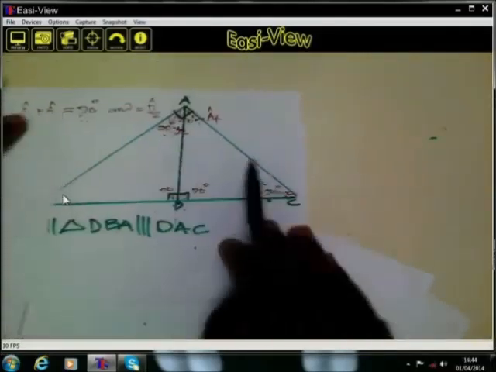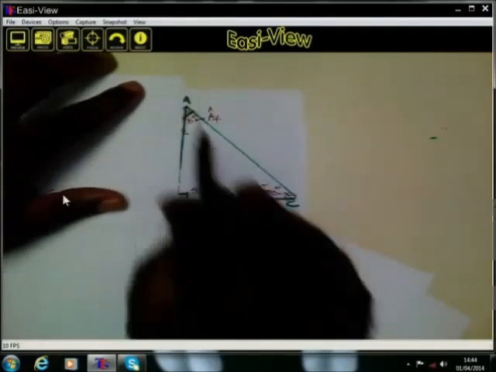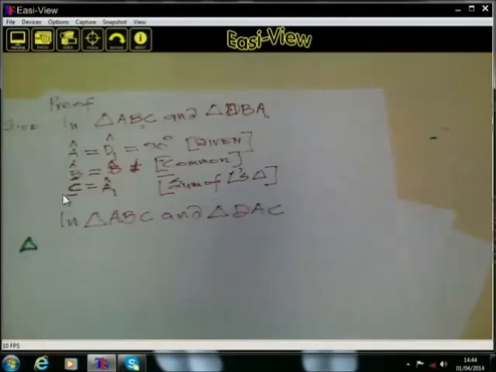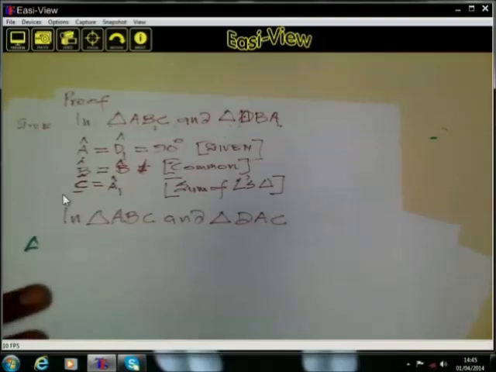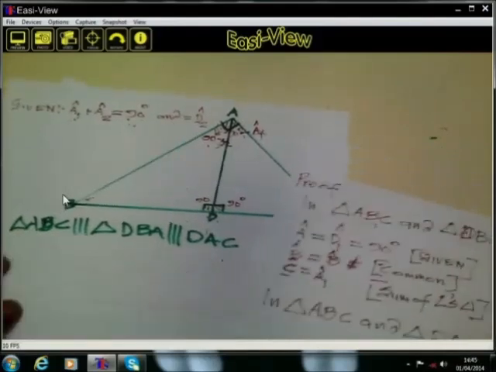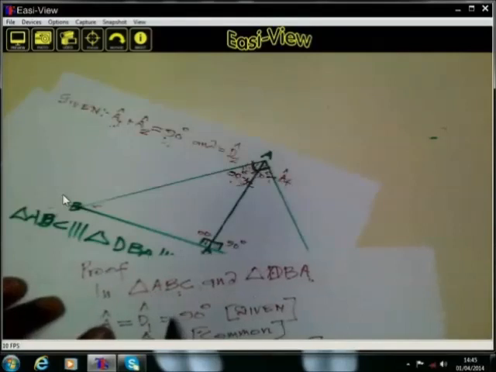It's the bigger triangle with this part of a triangle. We want to check the information, compare the information, because that information will eventually enable us to prove that the triangles are similar. Remember, this is what we need to do. Fine. So I've gone as far as this.